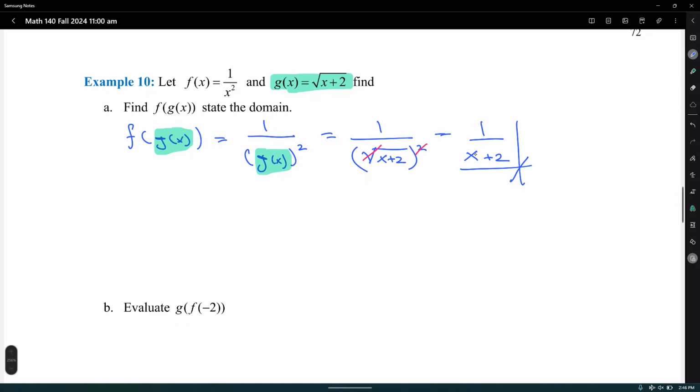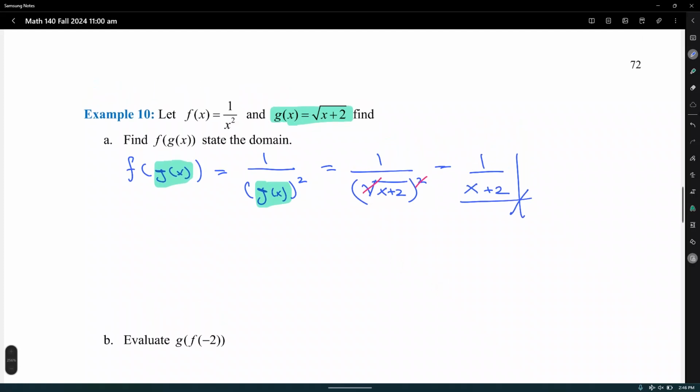It won't be defined for x equals -2. So that would be the domain: real numbers except x equals -2. However, this function has more restrictions based on, number one, the restriction for this function right here. Again, for the radical function, x plus 2 has to be greater than or equal to 0.